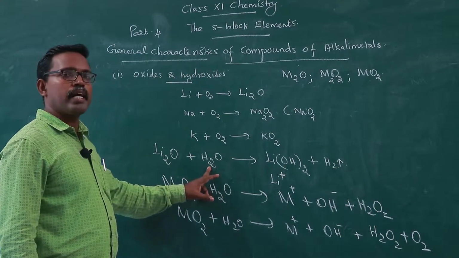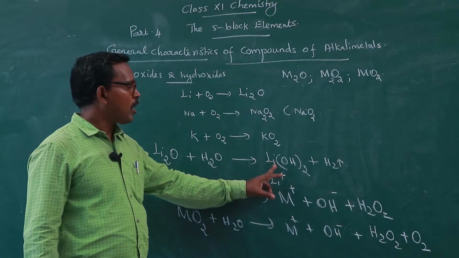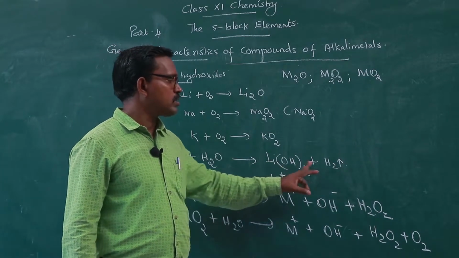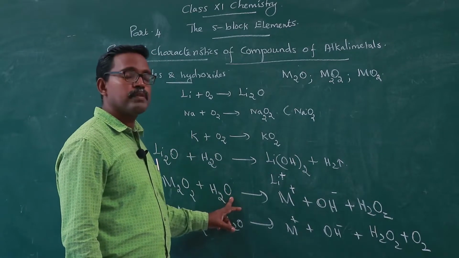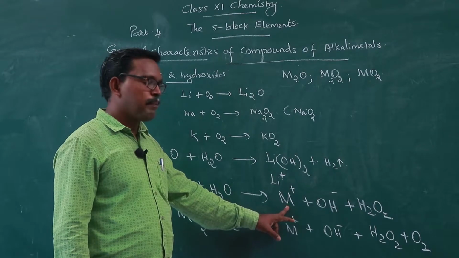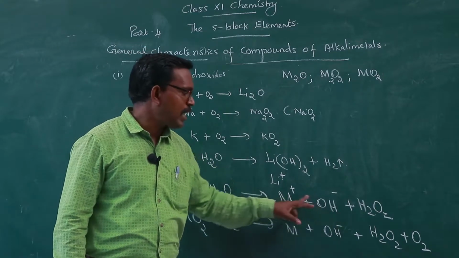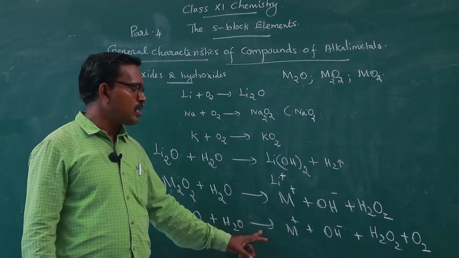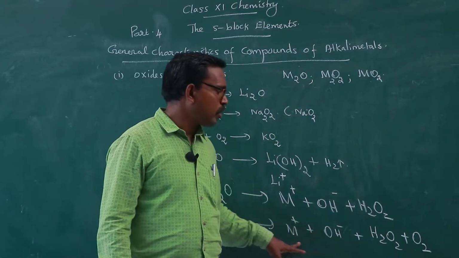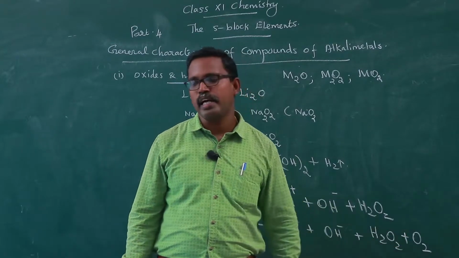Oxides on hydrolysis give the corresponding hydroxide, and hydrogen gas is liberated. Peroxide reacts with water to give the metal hydroxide and hydrogen peroxide. Superoxide on hydrolysis gives metal hydroxide, hydrogen peroxide and oxygen.